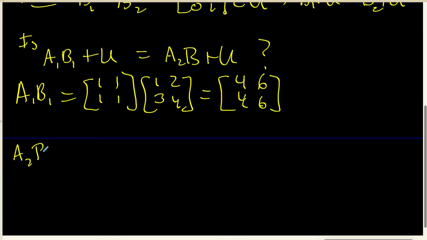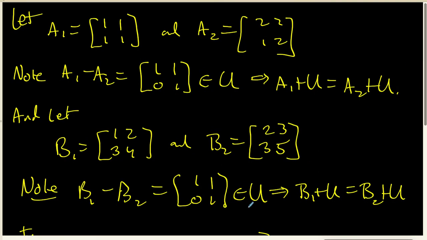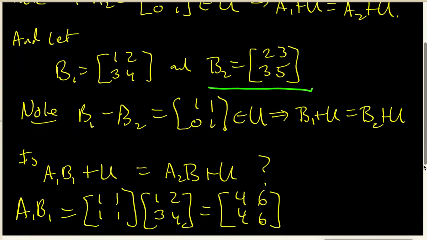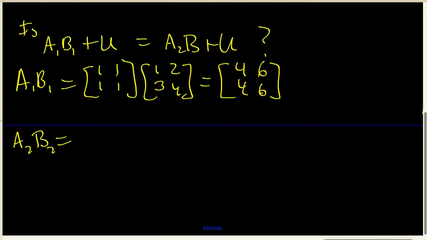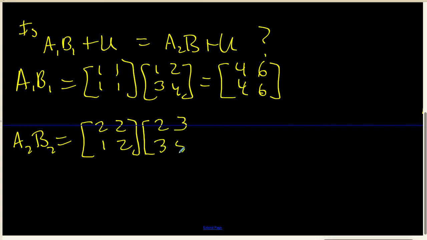And A2 times B2, let's again go review what those are. A2 is this matrix, and B2 is that matrix. So we want to copy those two things down. A2 times B2 is going to be 2, 2, 1, 2 times 2, 3, 3, 5.